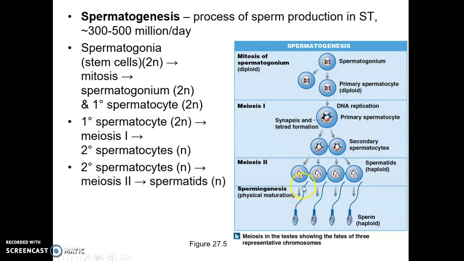And they're basically just mobile cells with the chromosomes, the genetic material from the father, in the head of the sperm. The developmental processes, spermatogenesis and spermiogenesis, are pushed along by testosterone and follicle stimulating hormone, which is produced by the anterior pituitary gland.